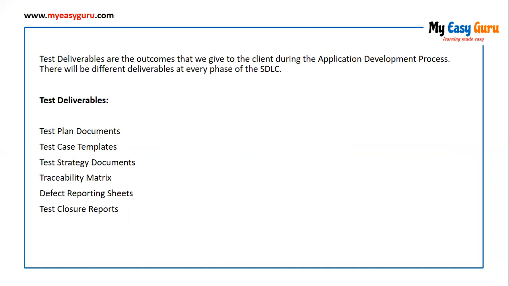Now let's see what are different test deliverables. Test plan documents, test case templates, test strategy documents, traceability matrix, defect reporting sheets, test closure reports. These are the different test deliverables which we give to the client during the application development process.